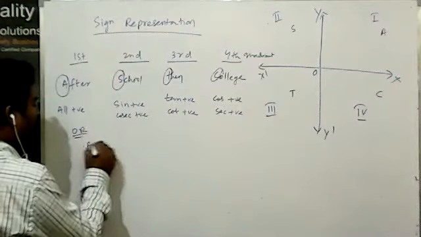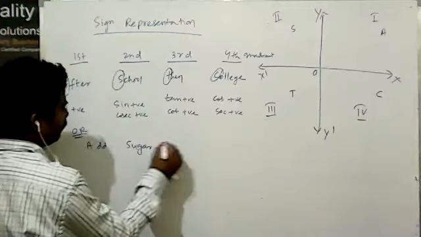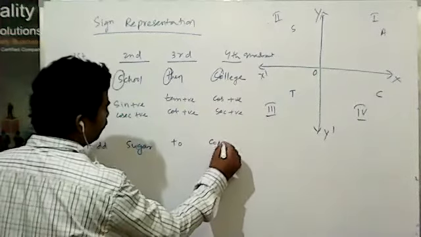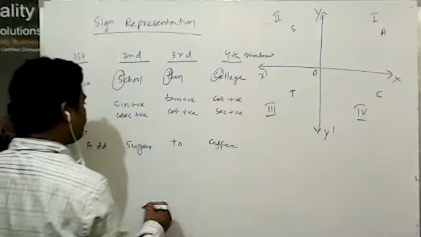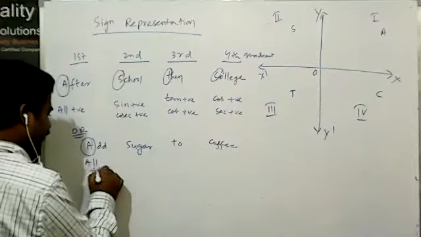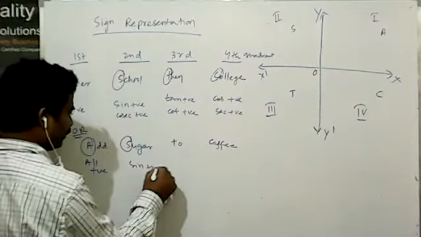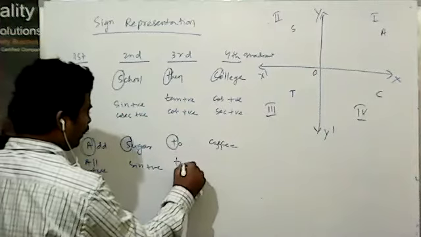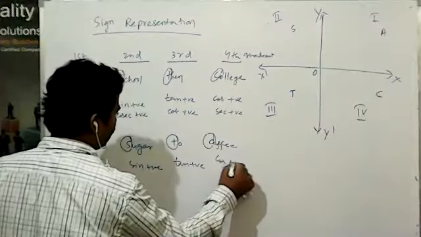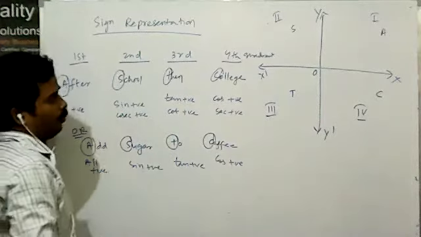There are other methods too: Add Sugar To Coffee. It means the same concept: all positive, sin positive, tan positive and cos positive. Whatever you use, that is for remembering purposes.